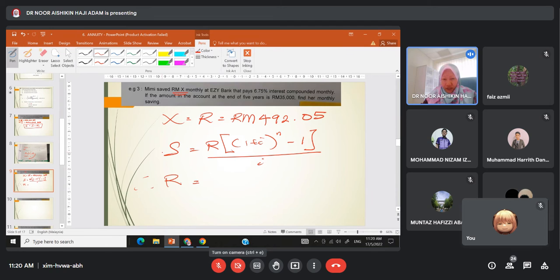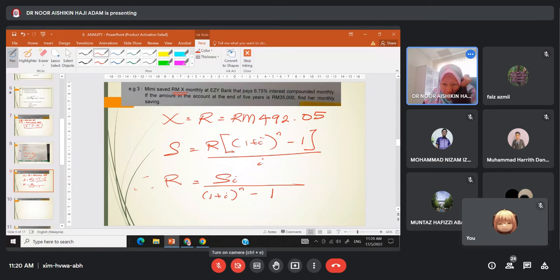So, R equals to, move I to the left. So, jadi S times I, isn't it? S times I. And then you divide by the 1 in the square bracket. So, that is 1 plus I to the power of N minus 1. Betul tak?